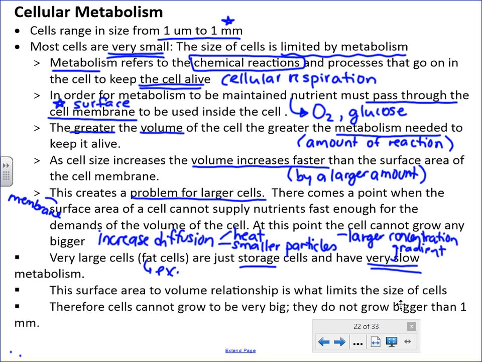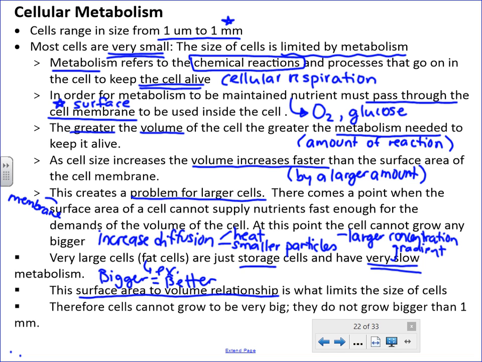The way that we'll determine how big a cell can get is really the surface area to volume relationship. So we saw yesterday how to calculate it, and so that everybody is clear, bigger is better. When we calculate the surface to volume ratio, it's always some number to 1.